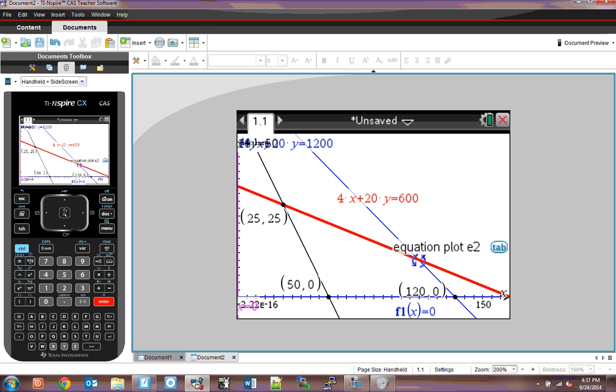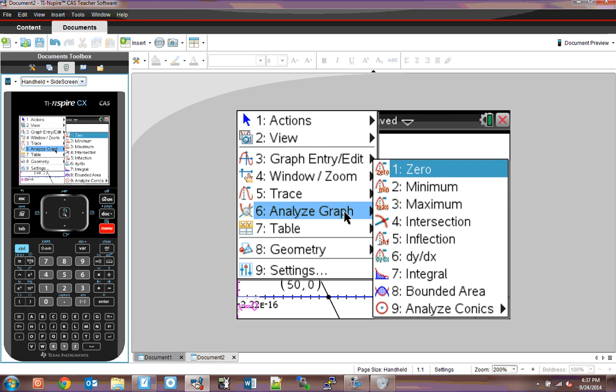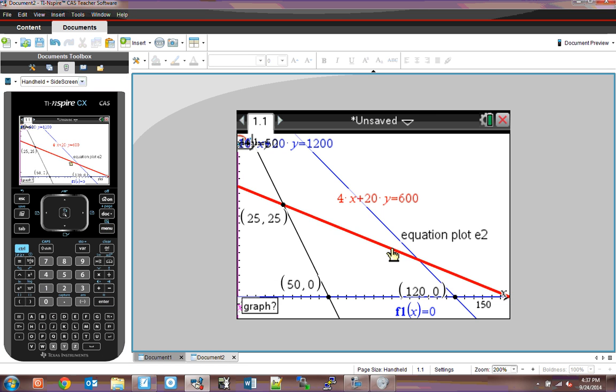If you notice, the other one stayed the same, but we're going to have to change this intersection point right here. So remember, to do that, you go Menu, Analyze Graph, Intersection, pick the red graph, pick the blue graph, lower, upper. So that's 100, 10. So our other points stayed the same. The only one that changed is this one. It went to 100, 10.